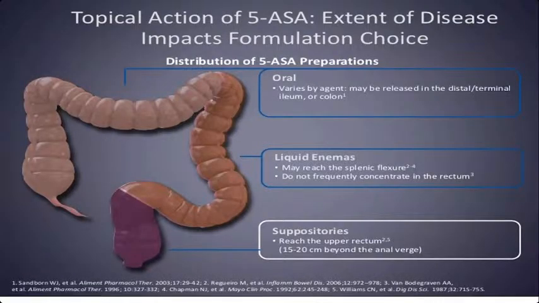A lot of these 5-acetyl acid agents act locally. So the action is topical, taken orally, and slow release, so they act where they're supposed to and are not absorbed systemically. In severe disease, liquid enemas and suppositories may be used, but here you have limited disease, the proctitis in ulcerative colitis. Suppositories and liquid enemas may be useful.